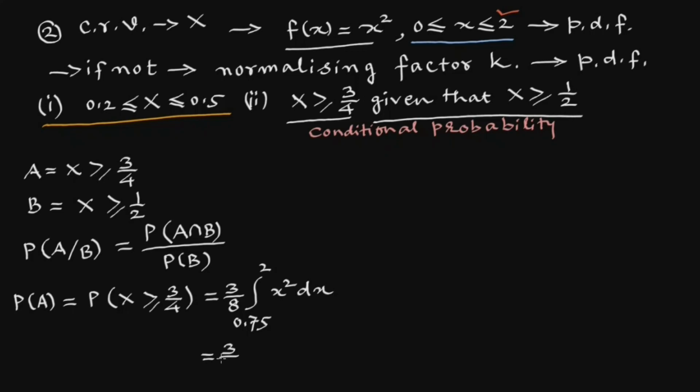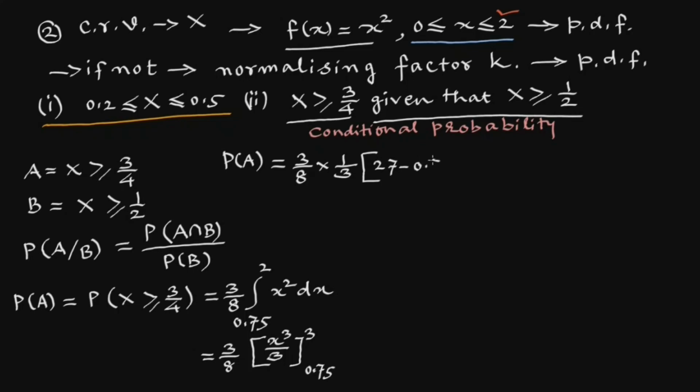This will be 3 upon 8 x cube upon 3 from 0.75 to 2, which is P(A) equals 3 upon 8 into 1 upon 3 into 2 cube, which is 8, minus 0.75 cube, which works out to be 0.947.